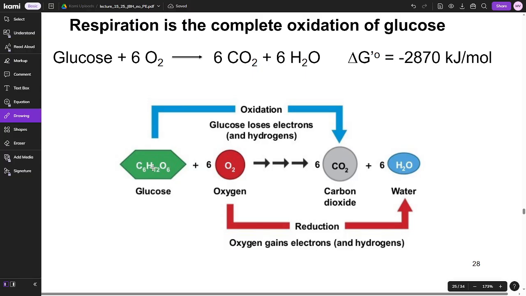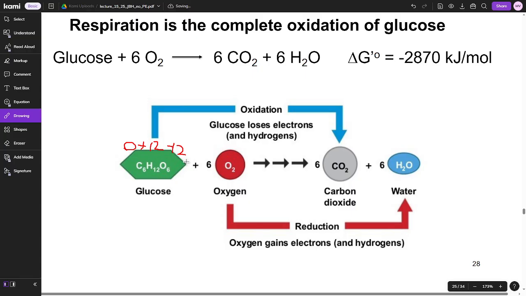So let's think about it. Hydrogen has a charge of +1 each, and oxygens are -2 each, generally speaking. So you go +12 right here, and you'd go -12. And so that would mean that carbon would probably have to be something like 0.